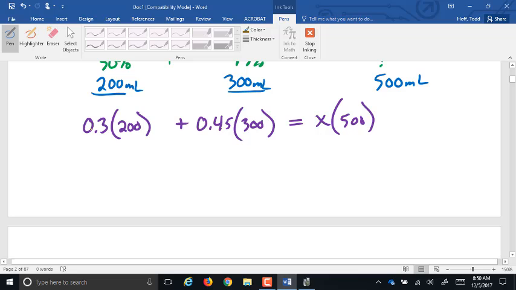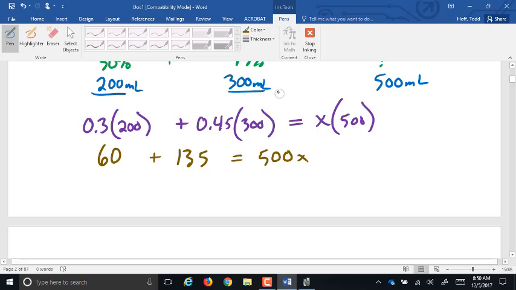0.3 times 200 is 60. 0.45 times 300 is 135. Equals X times 500, which is 500X.